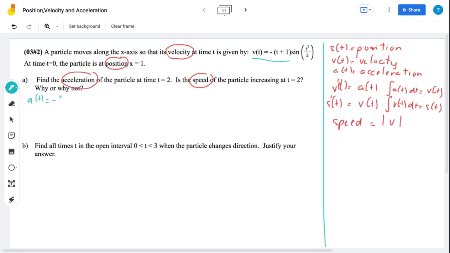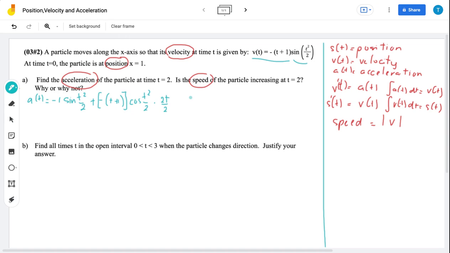The derivative of the first one is negative 1 times sine of t squared over 2, plus negative of (t plus 1) times the derivative of the second one, where we use the chain rule: cosine of t squared over 2 times the derivative of t squared over 2, which is 2t over 2.